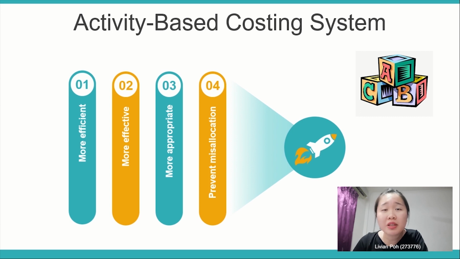Furthermore, the activity-based costing system can prevent misallocation of the indirect fixed costs, which occurs in some traditional costing systems. With all of this reliable information, companies can effectively prevent misallocated management decisions.